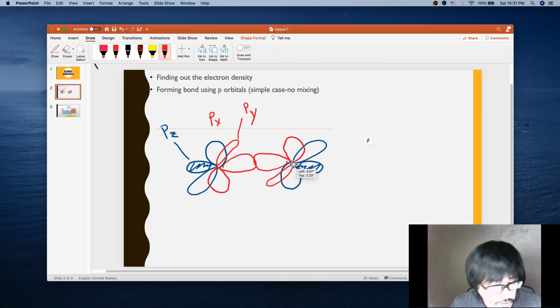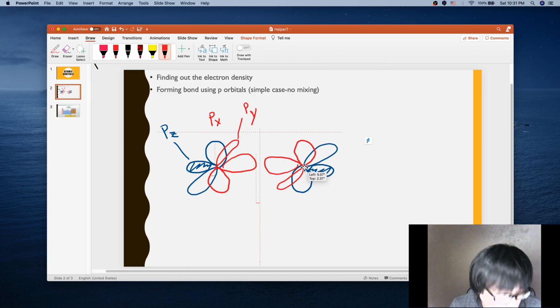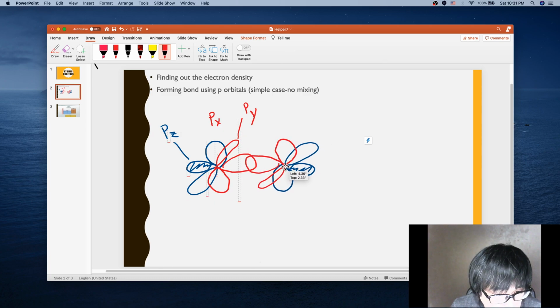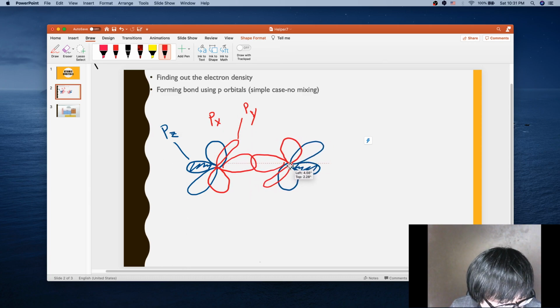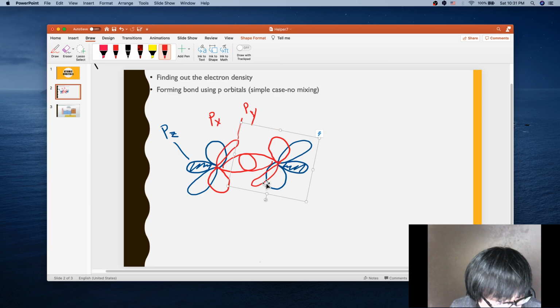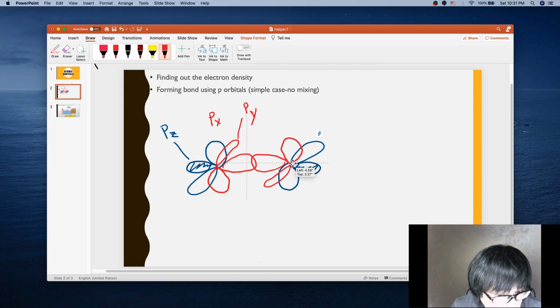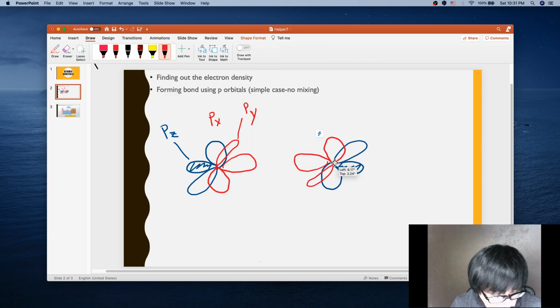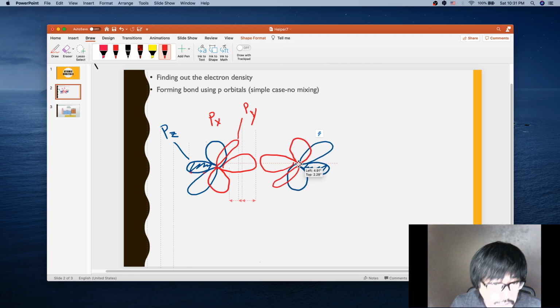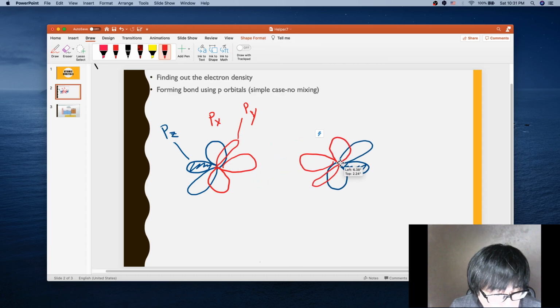Just like positive and positive, let it be positive for this particular case. When I try to overlap these guys, the overlapped region is going to have a high electron density, right? The goal of the chemical bond is to place the high electron density in between atoms, right? So that's what's happening here.